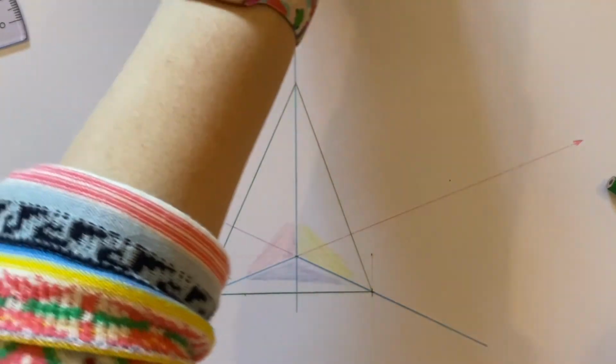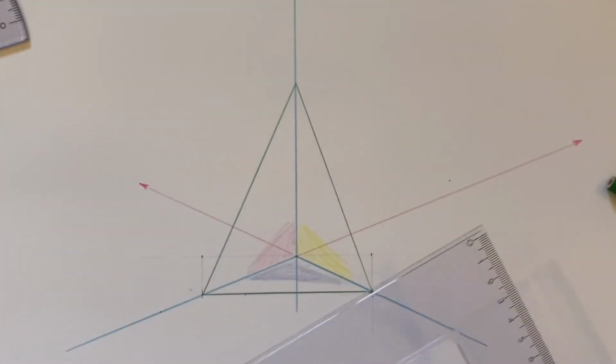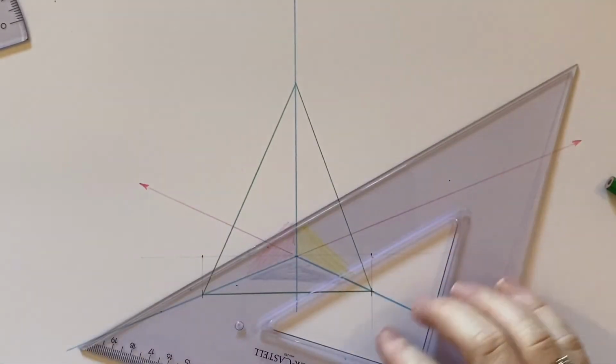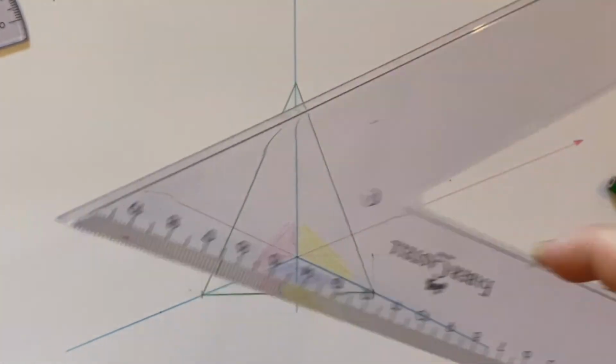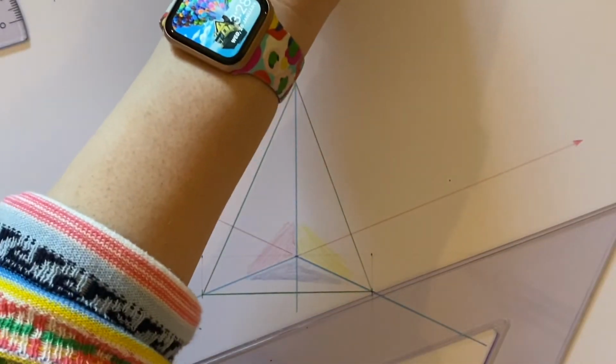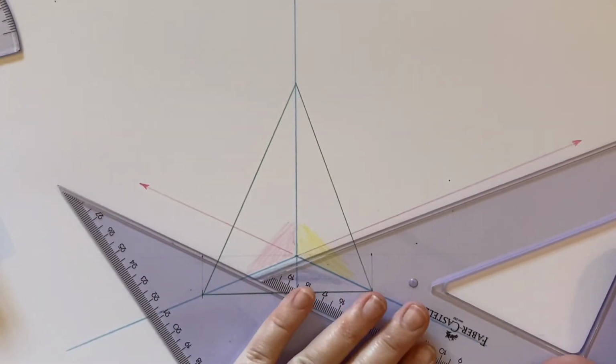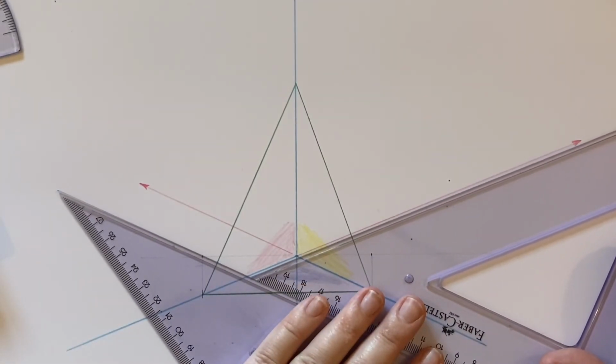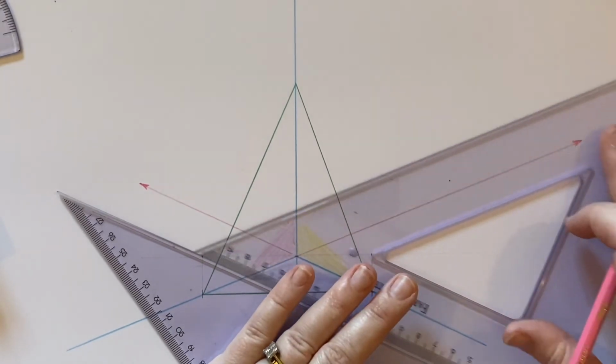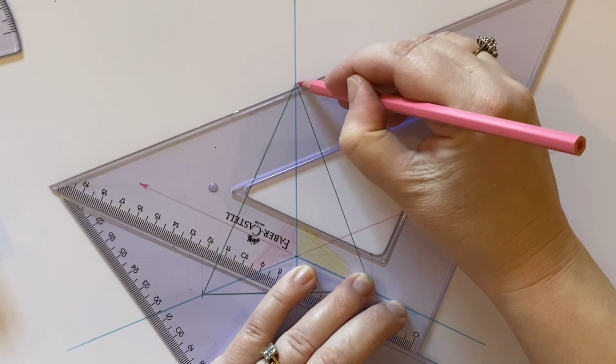I'll just go a little bit further on this one just so you know what it is you were doing. So the usual scenario, so this is totally sliding set squares now from here on. The usual scenario would be to project up the end of the triangle, so the ABC point. So I will project up here.